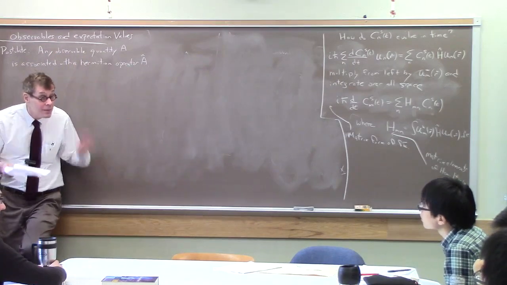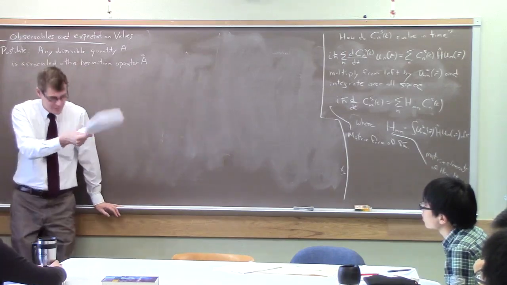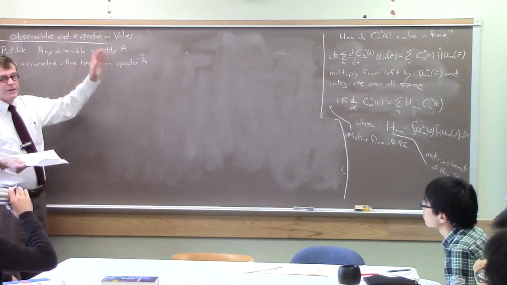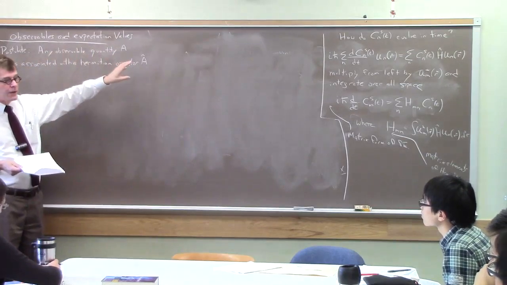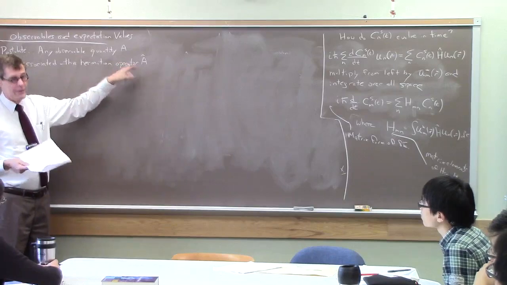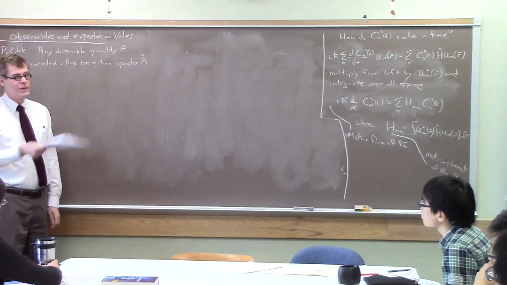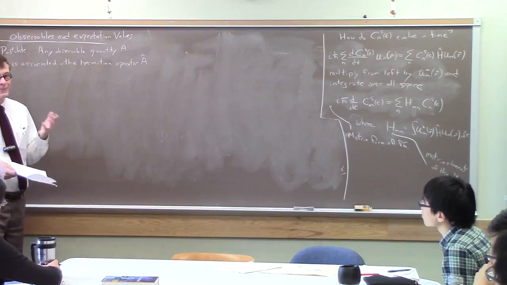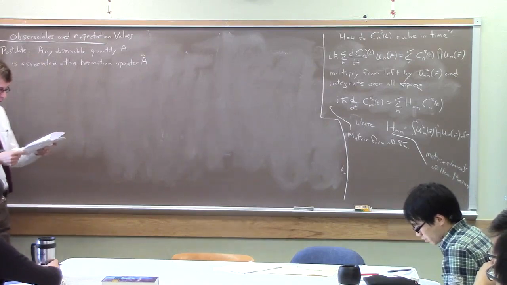Because the eigenvalues are real. I guess that's the mathematical statement: if you have a Hermitian operator, the eigenvalues of that operator will be real. Or if you express this operator as a matrix, then the eigenvalues of that matrix will be real. And for an observable, you'd better have real numbers if you want it to correspond to an observable quantity.